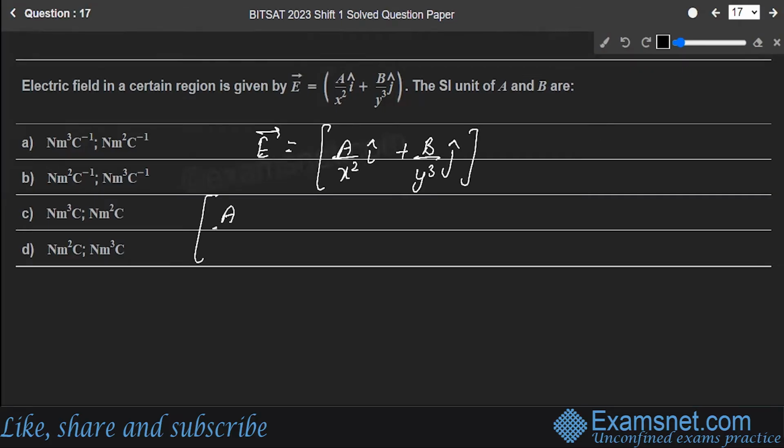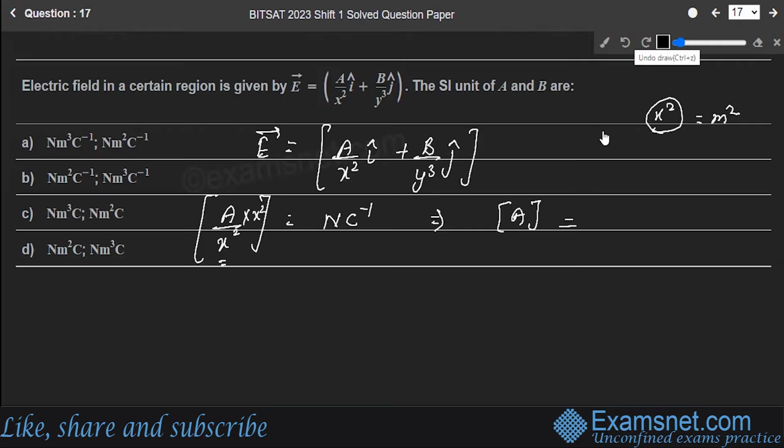So you have A upon x square as Newton per coulomb, right? And x is in meters, so x square will be in meters square. If I only consider A, only A will be left when I multiply it with x square. Then only this and this will cancel. So in that case, I'll be multiplying the numerator with meter square.